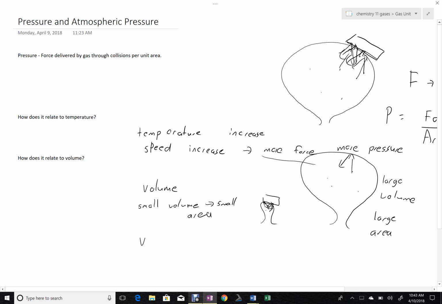What that means then is that as volume is increased, surface area is also increased. Since pressure is the force per unit area, if we make the area go up because it's on the denominator, the pressure will go down.